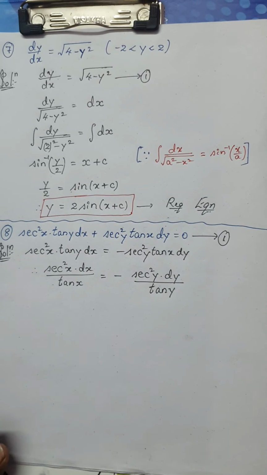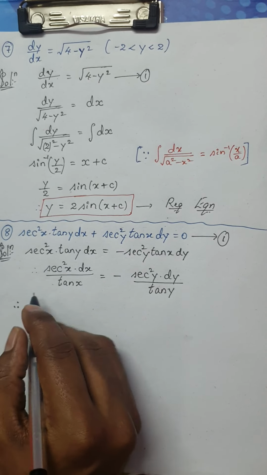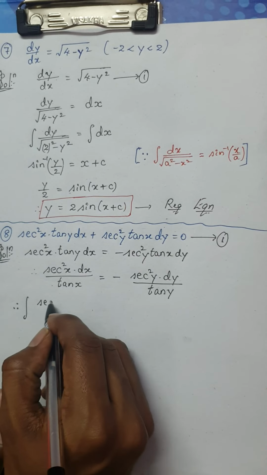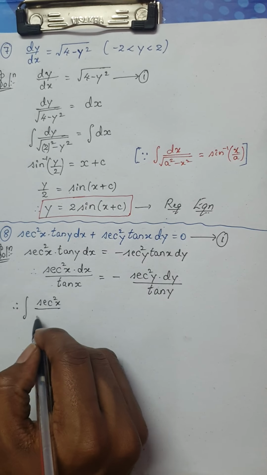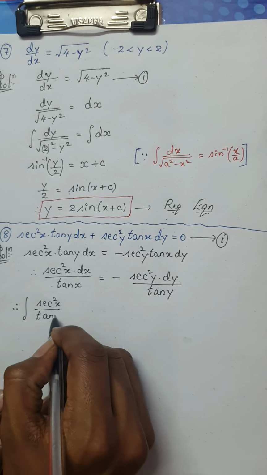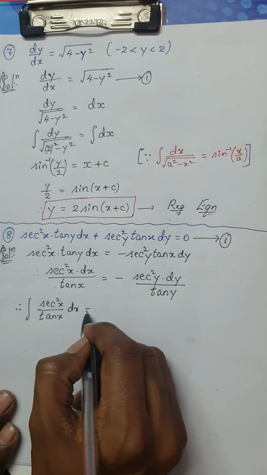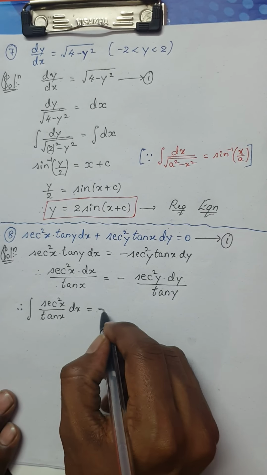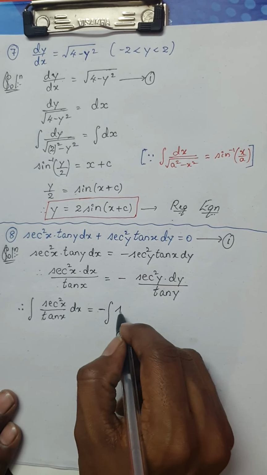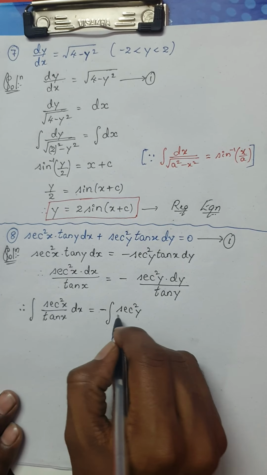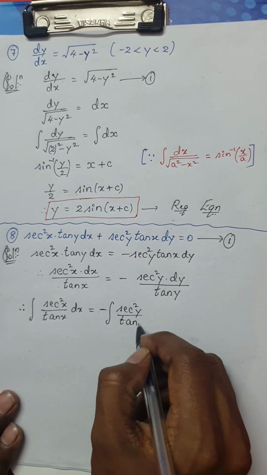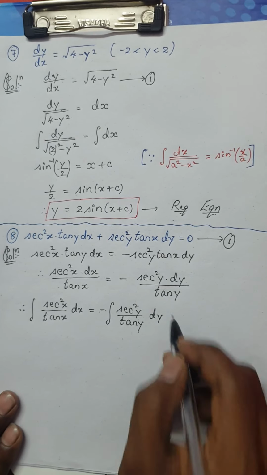Right. Now I'm going to apply the integral. Therefore, integral of secant square x divided by tan x dx is nothing but minus, let me keep the minus outside, integral of secant square y divided by tan y dy.